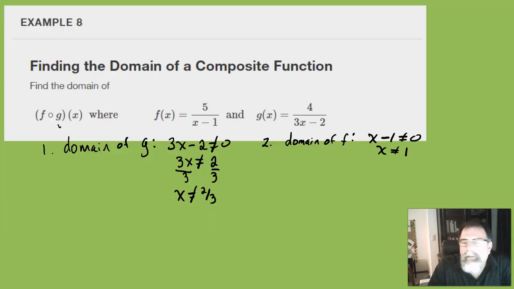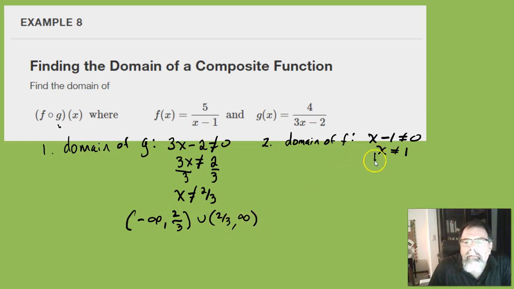So what we're going to do is we're going to use this domain. So from negative infinity to 2/3, union 2/3 to infinity.